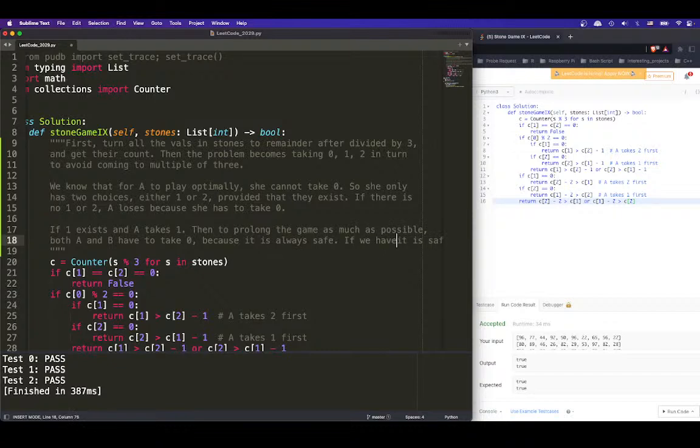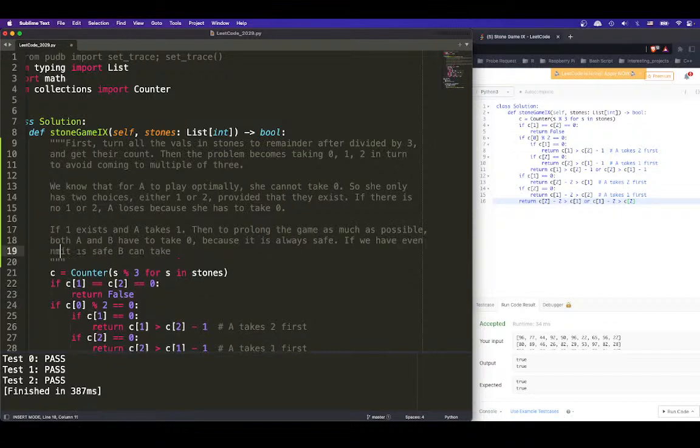If we have even number of zeros, no matter who takes 0 first, right?